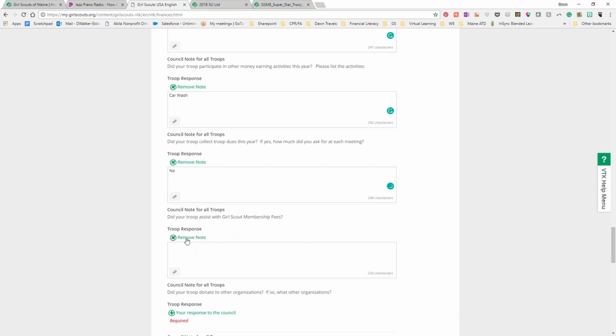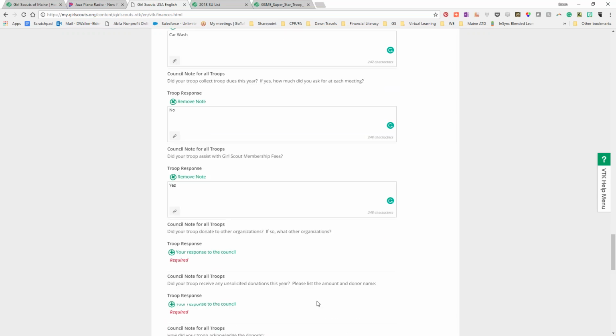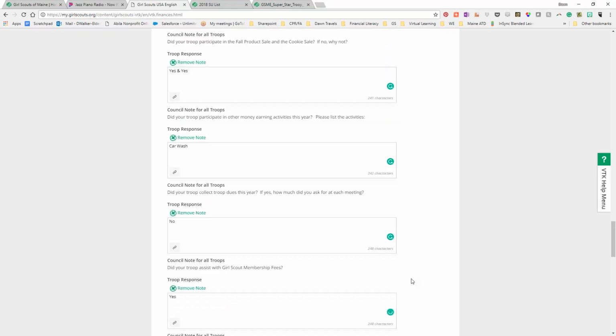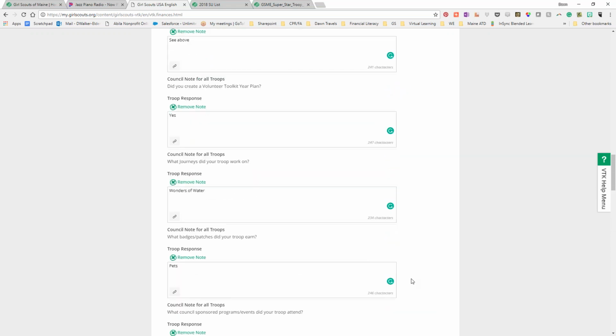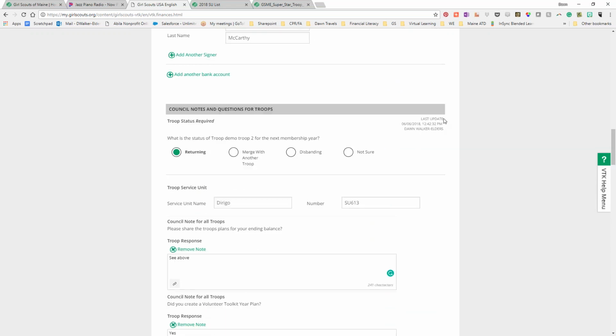So Dawn's name will show, and it will say Dawn was working on this on June 6th at this time, and it will save it at that point. So you can go in and add to it. Another troop leader could go in and add more information. So it will do that continuously, and you can see who was in last. Right, right here is where it tells that.